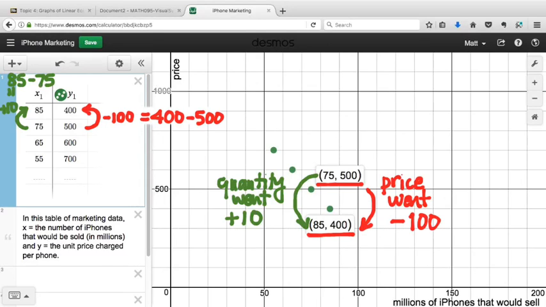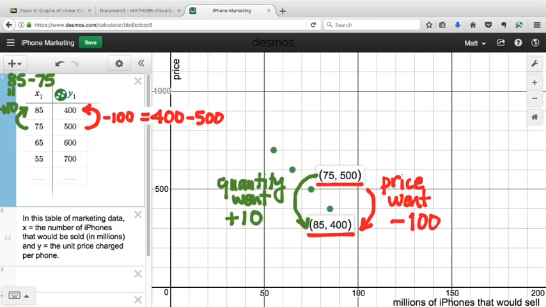So what we'd like in order to capture this relationship is to understand how those two changes are related to one another. Why is it that every time I drop the price by $100, I sell 10 more millions of iPhones? And if that pattern were to continue, does it also explain why these other points are placed where they are?